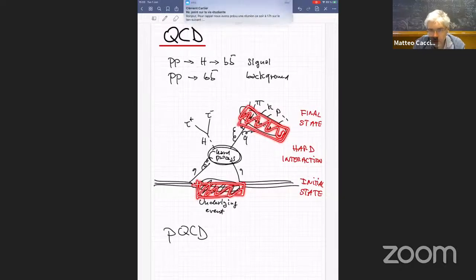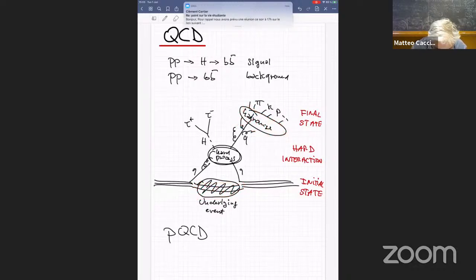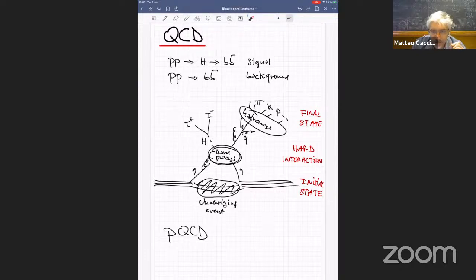They are important. They do affect how you describe the event, but they are not the goal, the target of these lectures. I will instead talk about how quarks and gluons may emit other quarks and gluons on their way to the hard interaction.